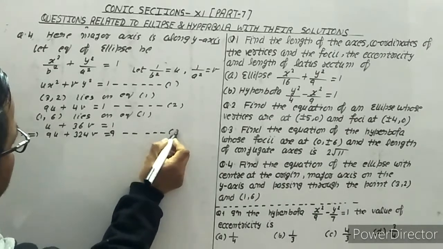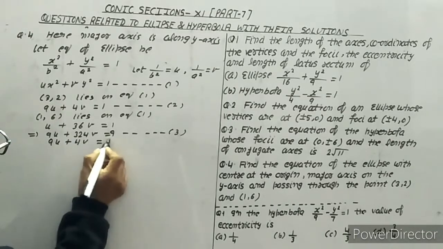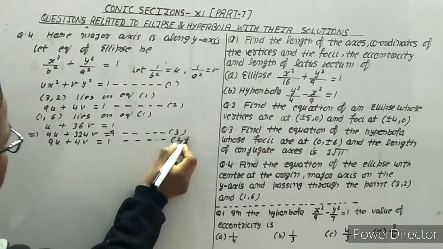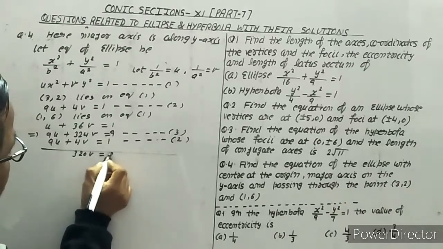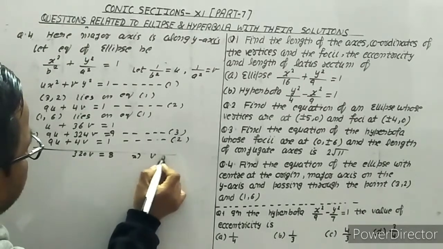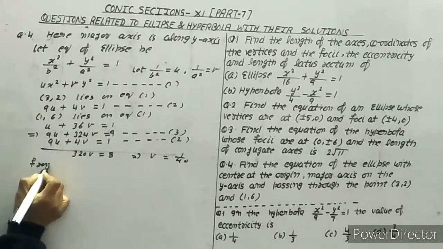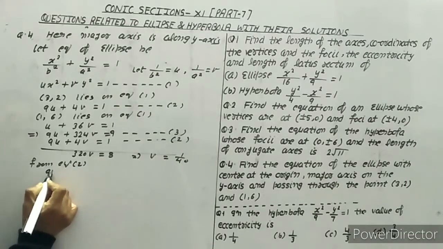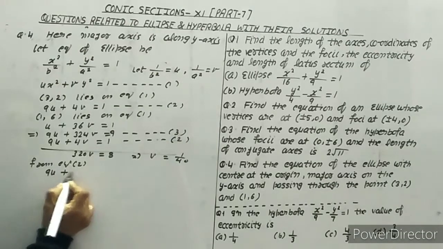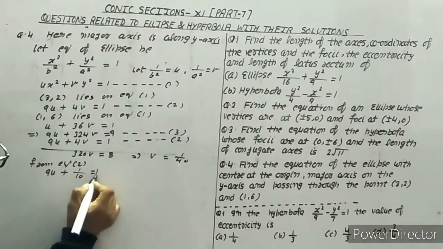This is equation number 3, and we have 9u plus 4v is equals to 1, which is equation number 2. On subtracting we get 320v is equals to 8. It implies that v is equals to 1 upon 40. Now from equation 2 we have 9u plus 4 upon 40, which means 1 upon 10, is equals to 1.